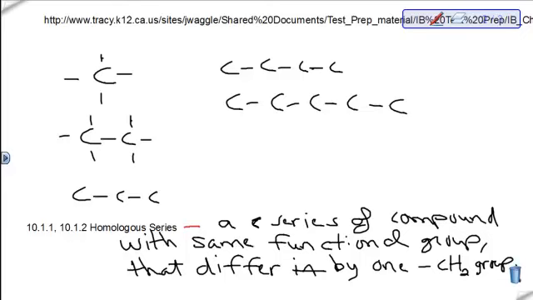Some examples of physical properties: melting points, boiling points, volatility. Does it evaporate very quickly? You're going to need to know about those. And those simply rely upon one thing, and that is intermolecular forces. Something that has very strong intermolecular forces will have a very high boiling point. Something that has very low intermolecular forces will have a very low boiling point. It's a very simple concept.